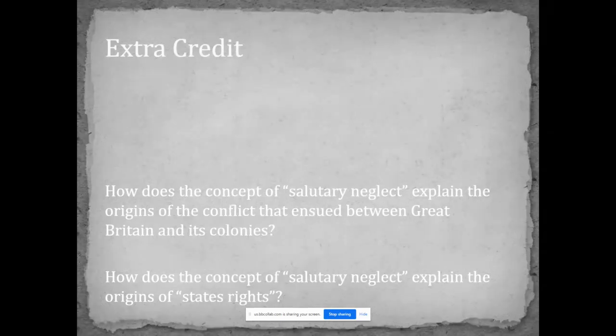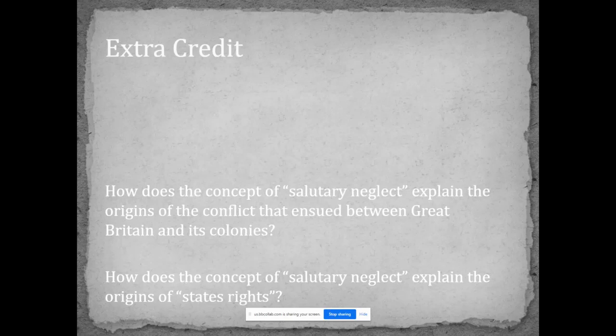And so what salutary neglect is going to establish is that by the time we get to the revolution, you've got these 13 colonies beginning in 1763 that are going to start to some degree to have a conflict with Great Britain that is only going to slowly escalate through the 1760s and through the 1770s, ultimately culminating in the Declaration of Independence and the war that would ensue because of that declaration.